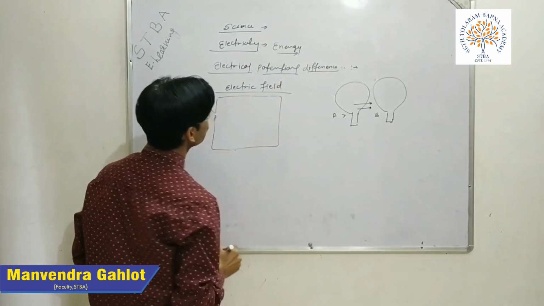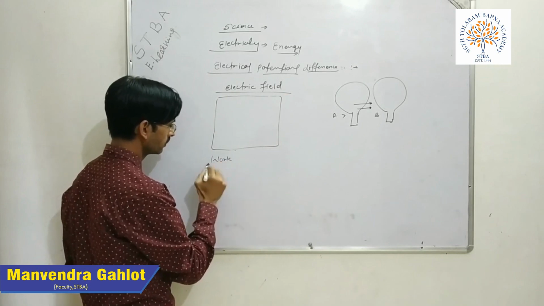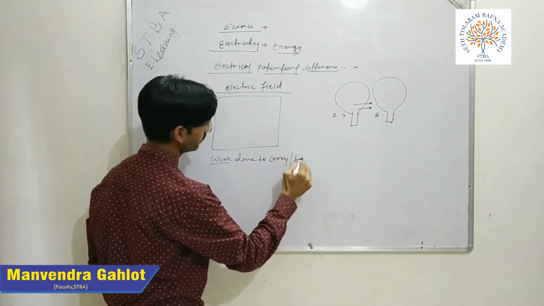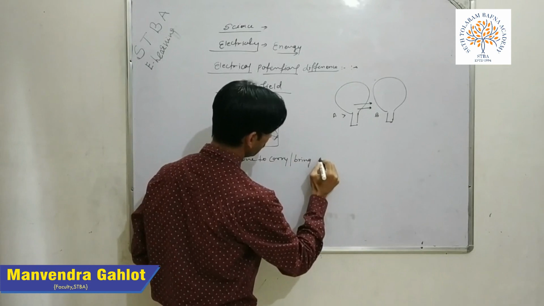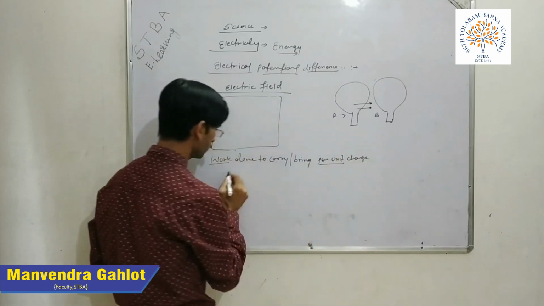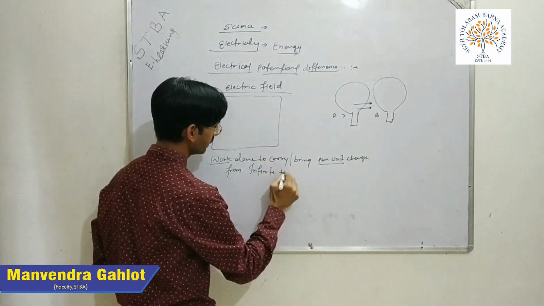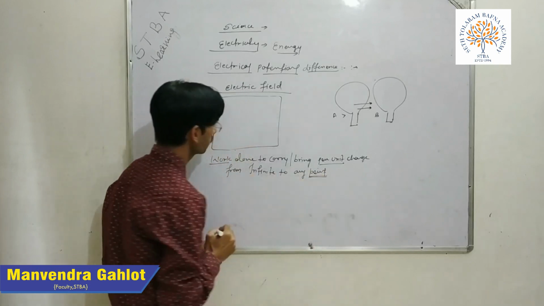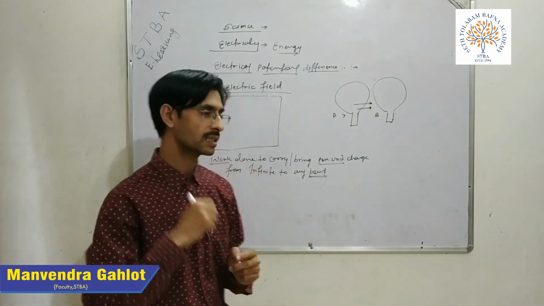Electric potential difference means the work done to carry or bring per unit charge, 1 unit charge, from infinity to any point in an electric field. This is called potential difference, electrical potential.